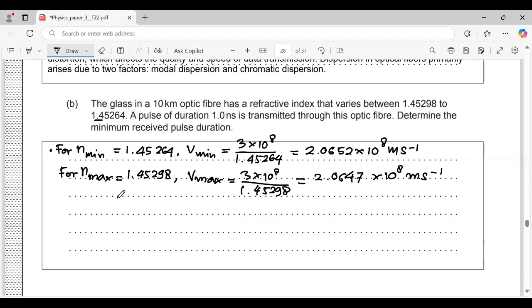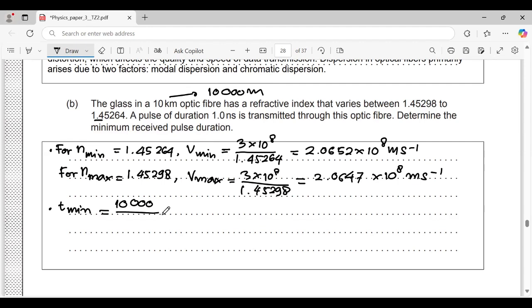After that, I would like to find the change in travel times. I'm going to start with the time minimum. We determine it through 10,000. Why 10,000? Because 10 kilometers equals 10,000 meters.